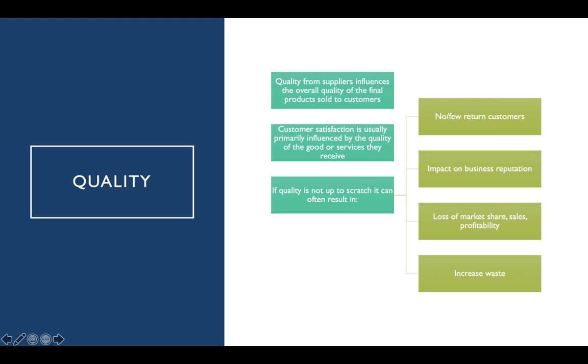It can result in a lack of meeting business objectives. Okay, so we may not be able to make money, we may not have those sales that we want, we may not be able to increase our market share or our competitiveness, and it can actually increase waste. Okay, if people are constantly bringing back products because they are faulty or they're not doing what they're supposed to do, then that can have an impact.